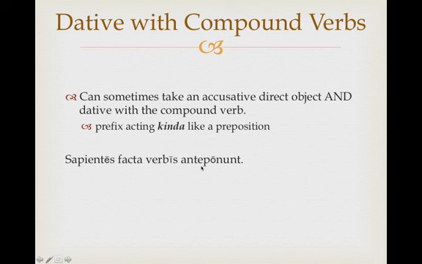And again, if you were to translate this, ante ponunt, they place deeds before words, you can see it a little bit better, although ante, if used as a preposition, of course, takes the accusative and not the dative. So it's just one of those things you have to be on the lookout for. If you were trying to figure out why this is in the dative, it's in the dative because it's being used with a compound verb. Okay?